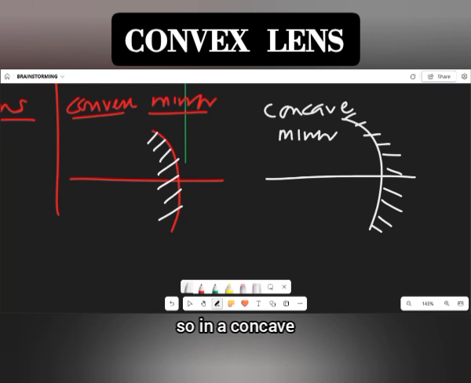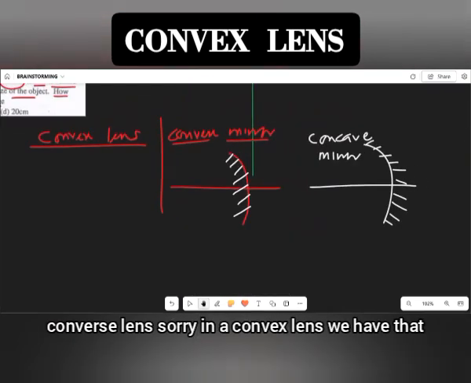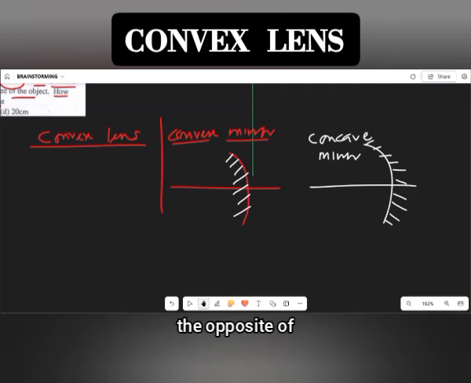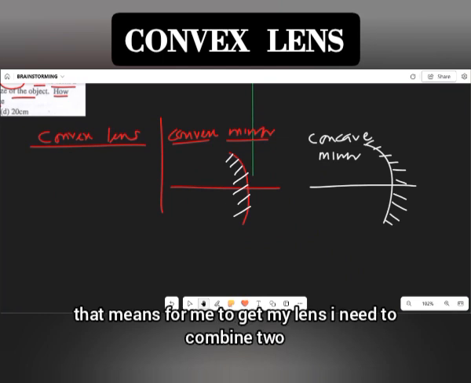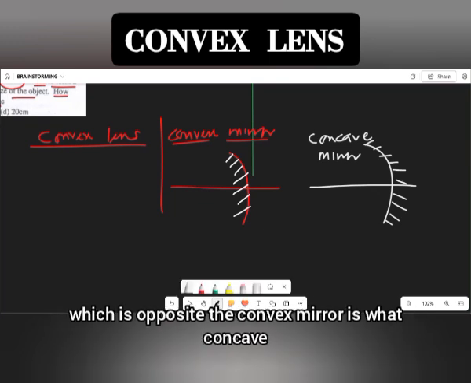So in a convex lens, we have the opposite of a convex mirror. That means to get a lens, I need to combine two or more mirrors. To get my lens, which is the opposite of the convex mirror, is what? Concave.